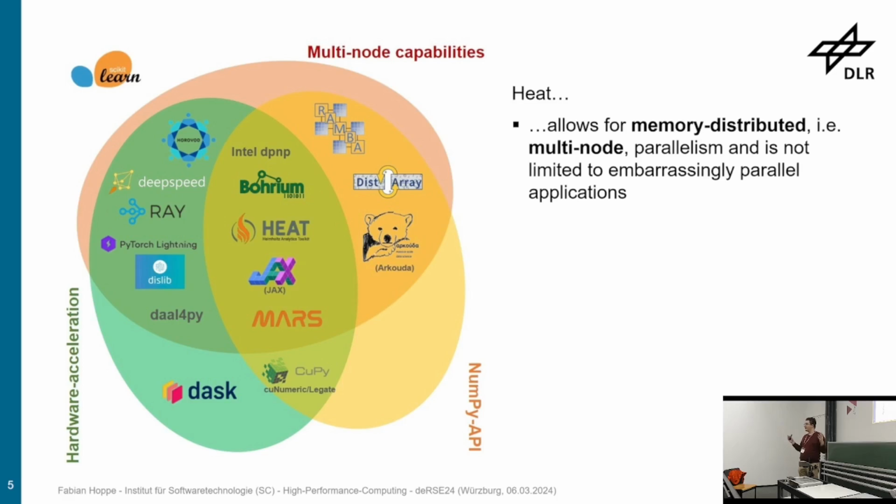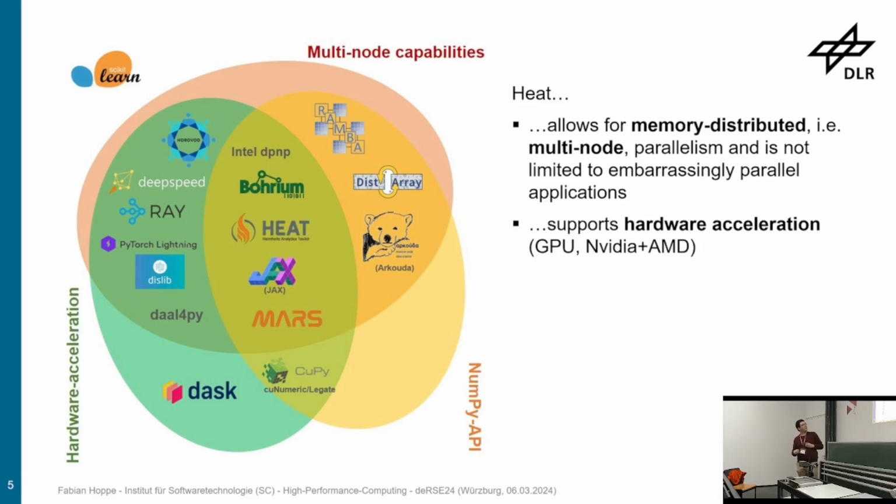Embarrassingly parallel is, for example, if you do Monte Carlo simulation, then you can basically say each node does something, and in the end you collect the results. If you do SVD of a large data set, then you can't just say, okay, each node does an SVD, and in the end you have many SVDs, so that does not really work. You have to come up with more elaborate algorithms that really require communication.